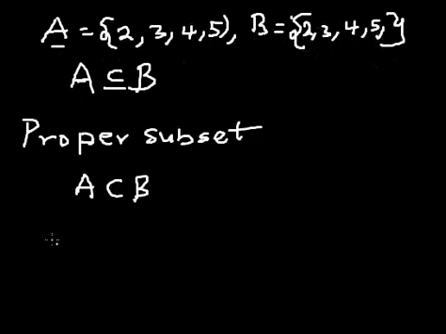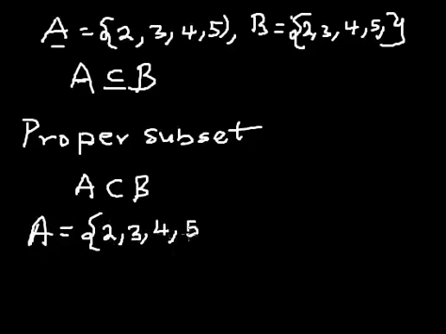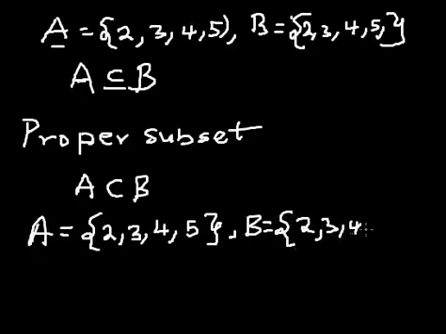For example, let's say a situation where you have A being, let me still use this example, 2, 3, 4, 5. Then B has the same but more: 2, 3, 4, 5, then 6, probably 7.